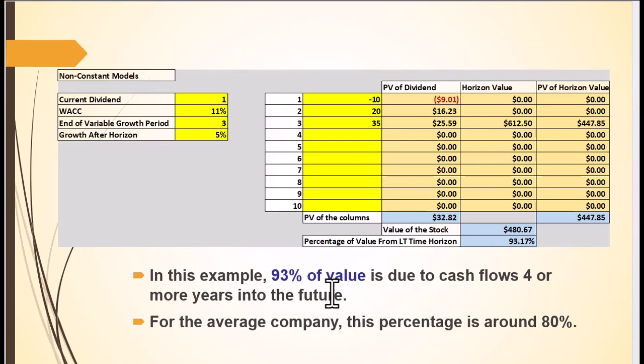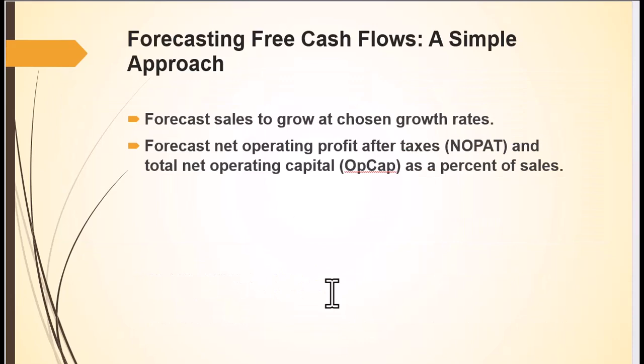If all of your value comes from very short-term things, that doesn't imply a lot of faith in the long-term life of the company. So we would want the value of the company to come from more of the long-term life than from the short-term life. So let's kind of move forward just a wee little bit and expand this a little bit.